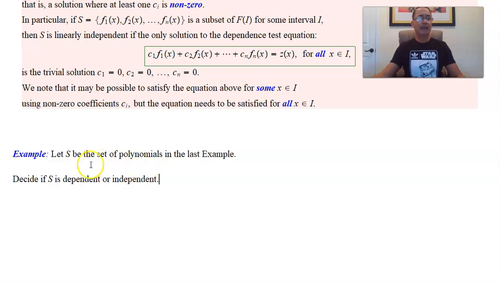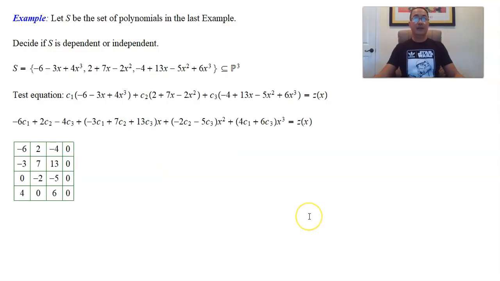All right, so let's bring back the set S from our last example, and we'll decide if S is dependent or independent. Here are the original polynomials from that example. Remember, we changed p of x, but we don't have to worry about that because the right side of our equation is now the zero polynomial.